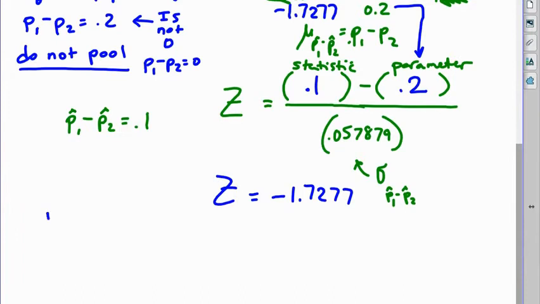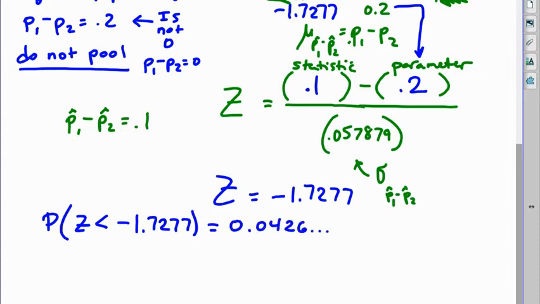We're going to find the probability that a z will go below negative 1.7277. And that probability is 0.0426 and so on, on my calculator, but it's two-tailed, so I need to multiply it by 2. I've got to double it for that two-tailed situation.